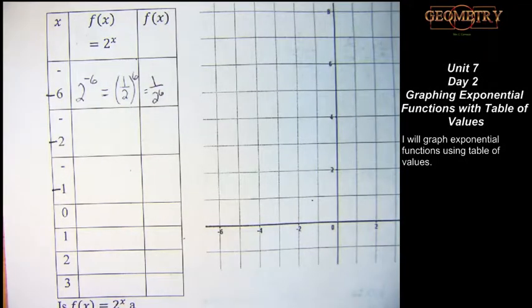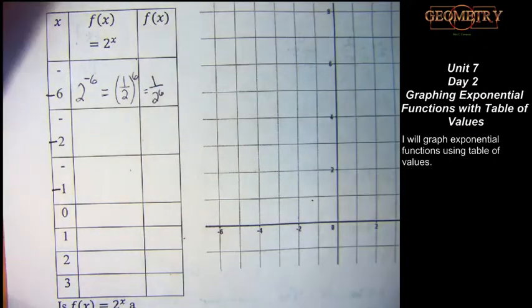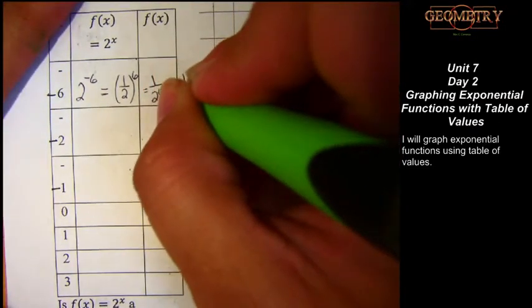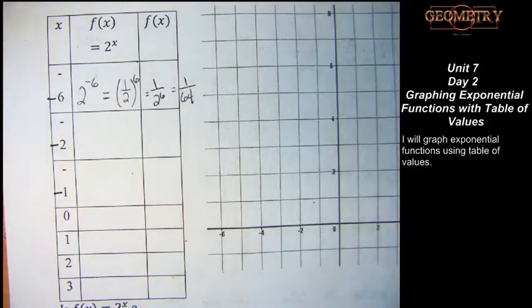And now I can think 2 to the 6, which is so much easier than 2 to the negative 6, right? So 2 to the 6 is 2 times 2, which is 4, times 2, 8, times 2, 16, times 2, 32, times 2, 64. And leave it as a fraction.